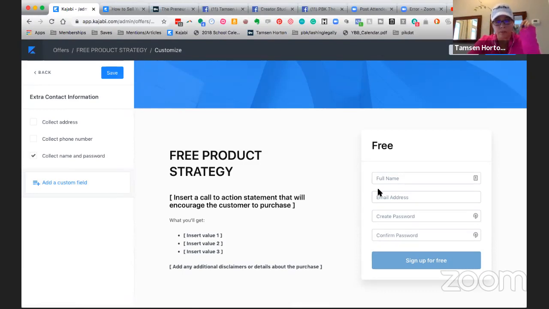So form, automation, grant the offer, they're going to get a Kajabi username and password. So how do you send them this route as opposed to an automation? Is it just a link? Just give them the link. Landing page link. Yeah, just give them the link.